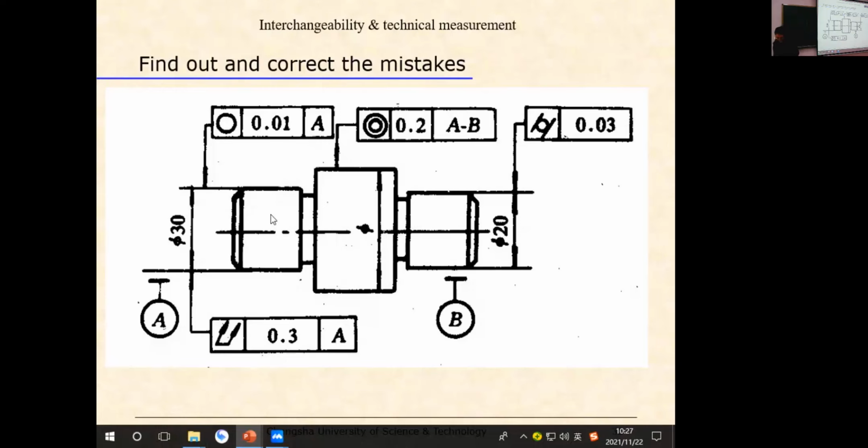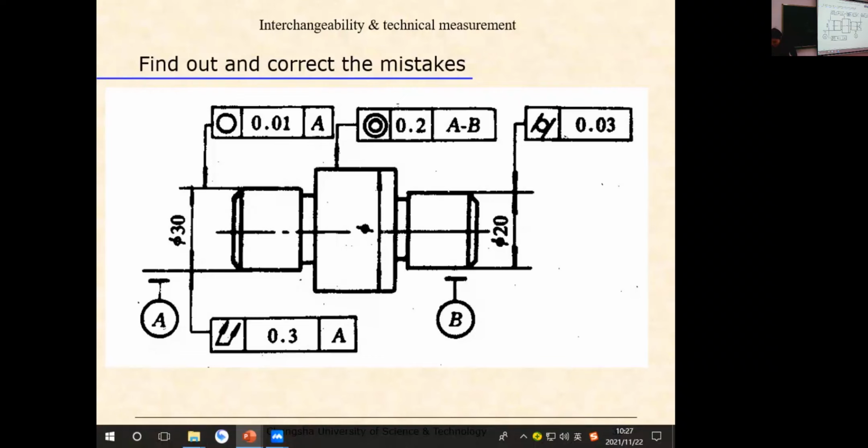Let me see. The table 4.1, like the form tolerance.